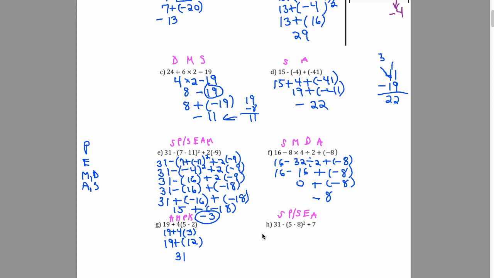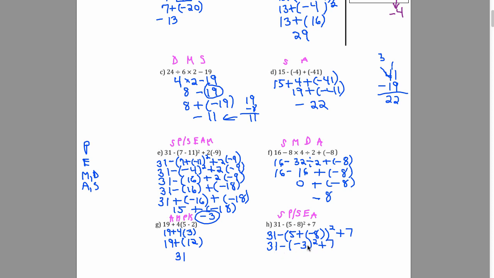So we'll do the parentheses first. 31 minus 5 plus a negative 8 to the second power squared plus 7. Finish off the parentheses. 5 positives adding in 8 negatives. The negatives will win out by 3.